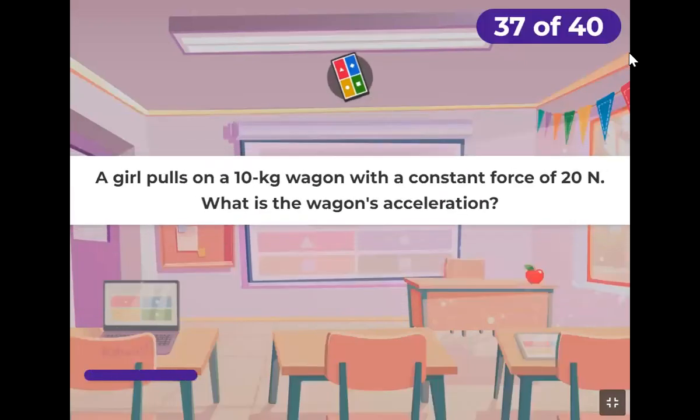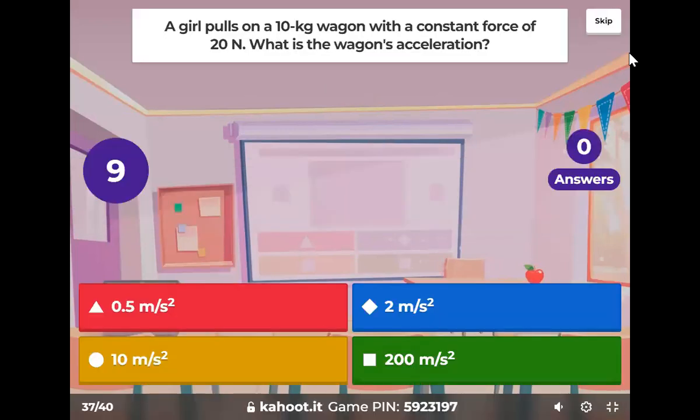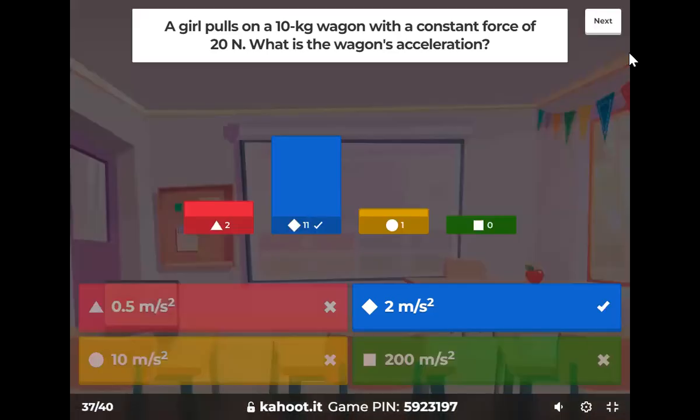If you pull a 10-kilogram wagon with a 20 newton force, let's say you're pulling horizontally, what's the acceleration? 20 newtons on 10 kilograms. There you go, Newton's second law of motion. 20 newtons on 10 kilograms, 2 meters per second squared.